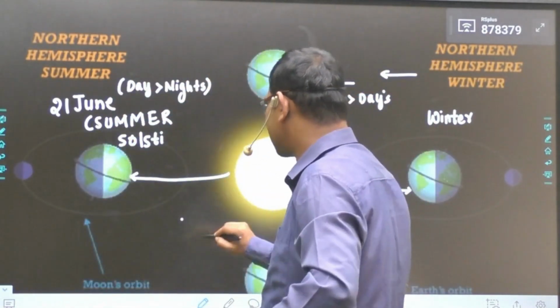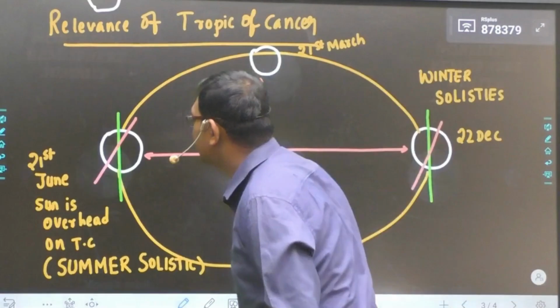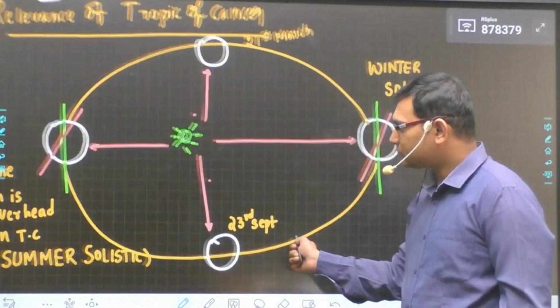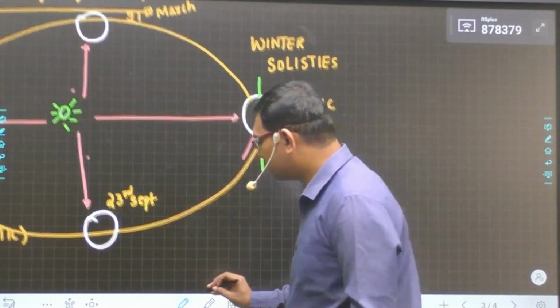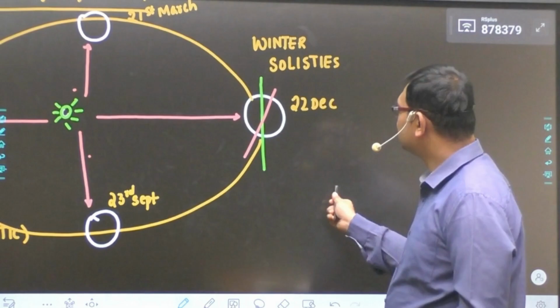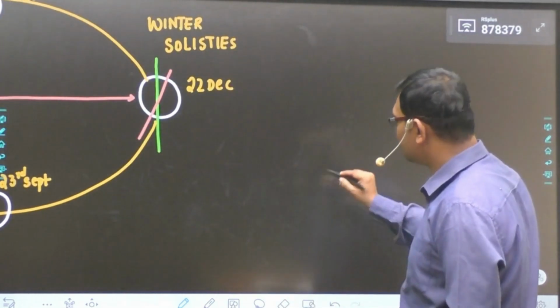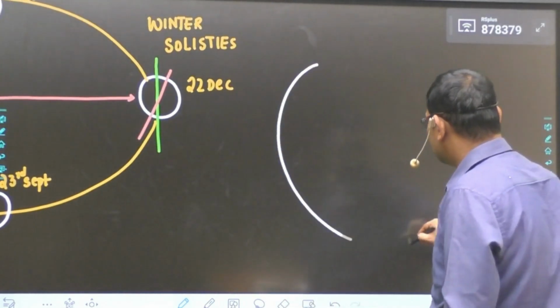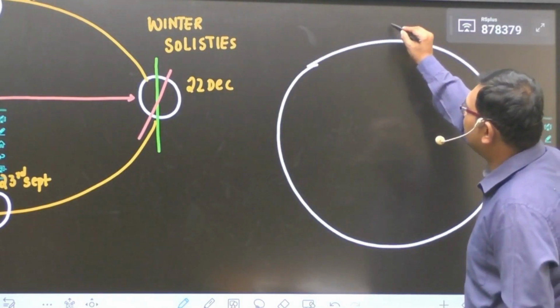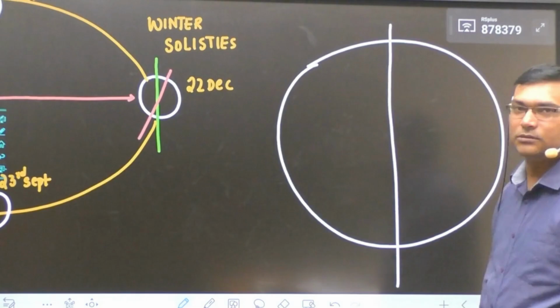So I'll just, you see. So simple. Now I'll come to that point, but you see here. Earth is inclined also, like this. Earth is inclined. So how? Like this. Right?